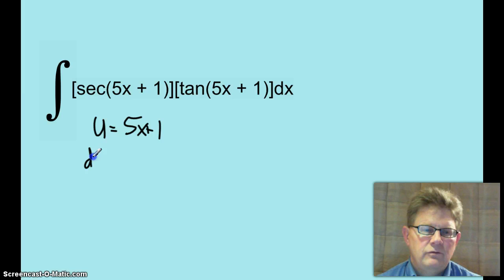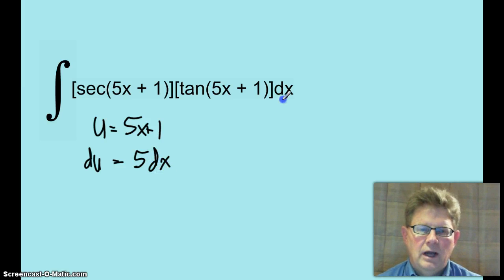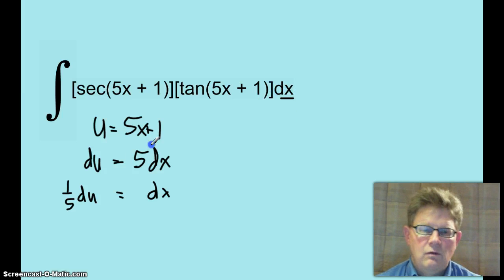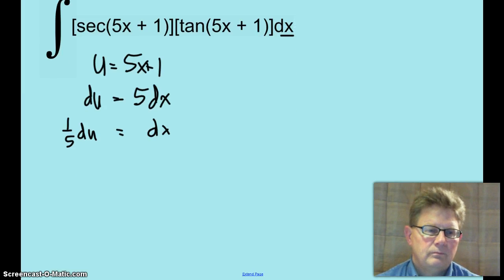The derivative of u equals 5 with respect to x. But I only see a dx. I don't see a 5 multiplied out here anywhere. So divide both sides by 5. 1/5 du equals dx. I can replace this dx with a 1/5 du.